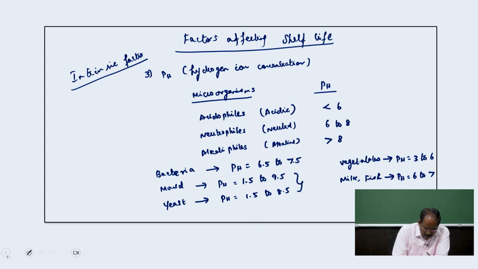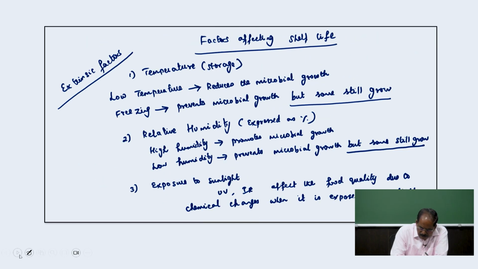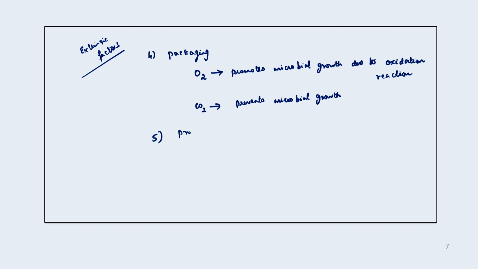The last extrinsic factor is processing and preservation method. The methods which are employed for processing of the food product or the preservation of the food product also play a major role in affecting the shelf life of the product.